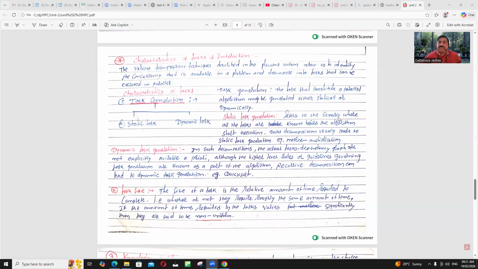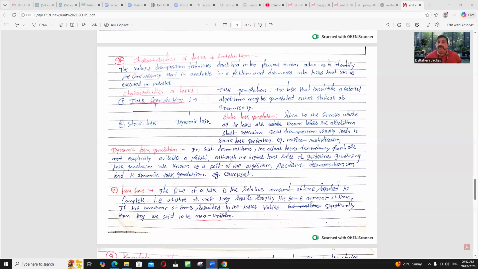So static generation refers to the scenario where all the tasks are known before the algorithm starts execution. Data decomposition usually leads to static task generation. Now dynamic task generation: in such a decomposition, the actual task dependency graphs are not explicitly available beforehand. It means we do not know which type of task will be executed next.